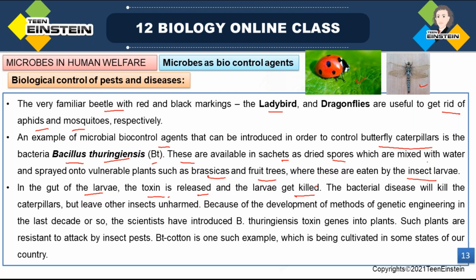This bacterial disease will kill the caterpillars, but it won't affect other insects. Okay, other insects will be protected and remain unharmed. So with genetic engineering, they developed this kind of methodologies or methods.